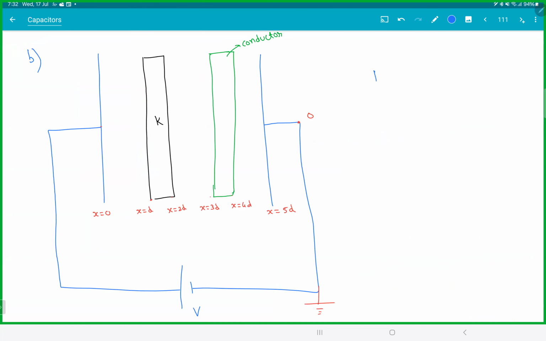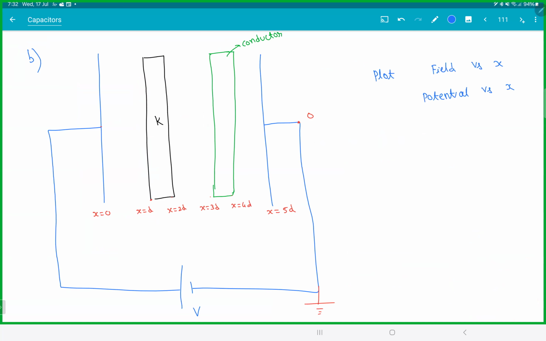So in this graph, plot the field versus x graph and the potential versus x graph. As you go from left to right, how will the electric field change with x?